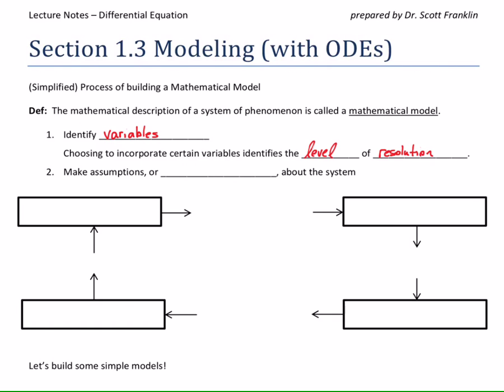So once you identify the variables, then you have to make assumptions. And this is where knowledge of your physical model or your physical phenomena has to come into play. You have to assume the relationship between those variables to build the mathematical relationship between those variables. So these are where you make hypotheses about the system.